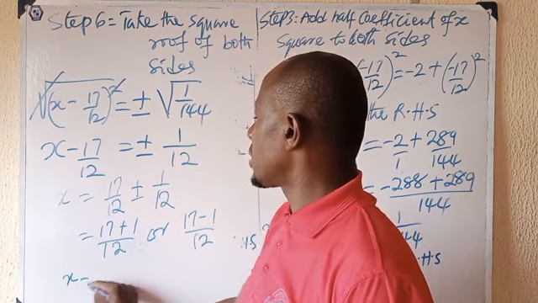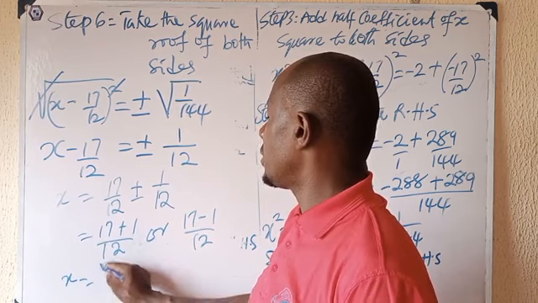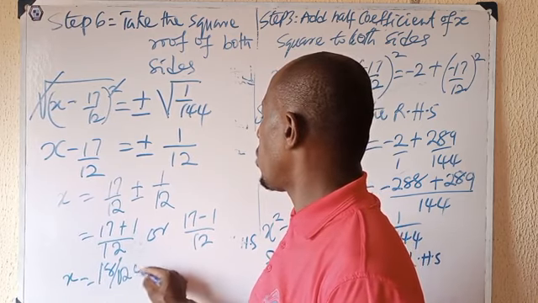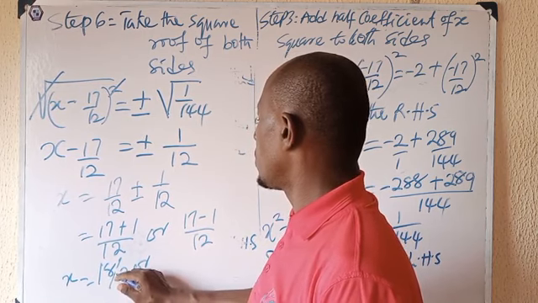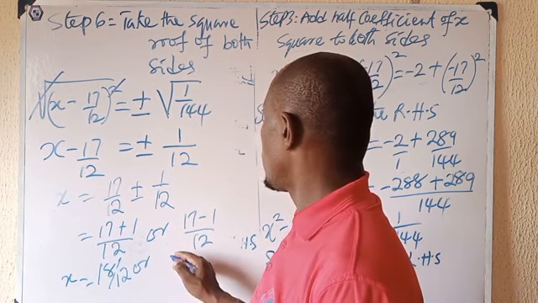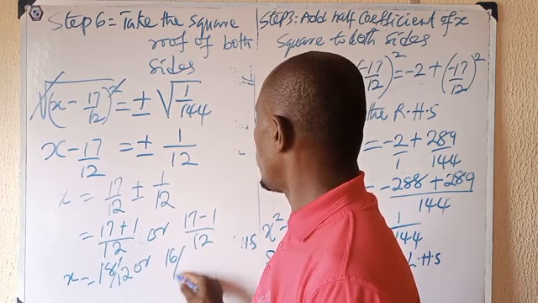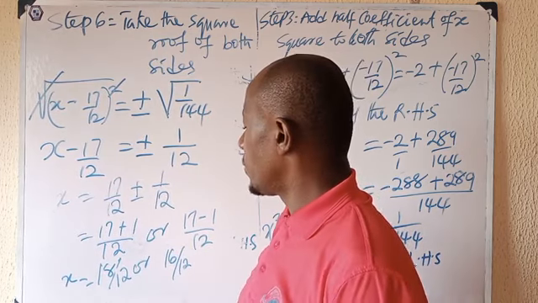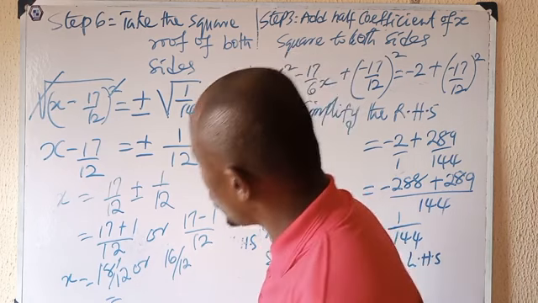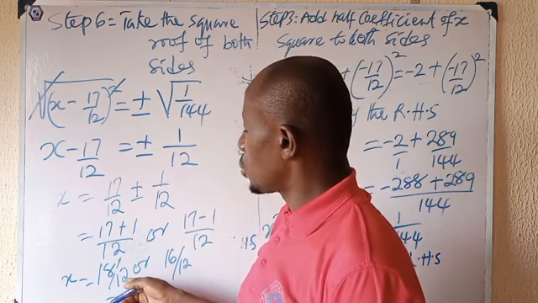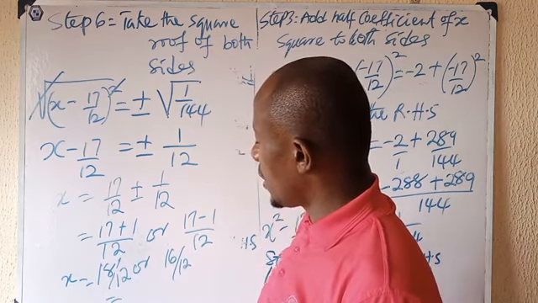So x is equal to 18 over 12, or 16 over 12. So this will give us, 3 can go. 3 into 12 we have 4, into 18 we have 6.